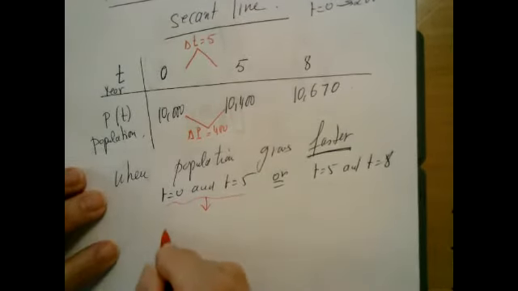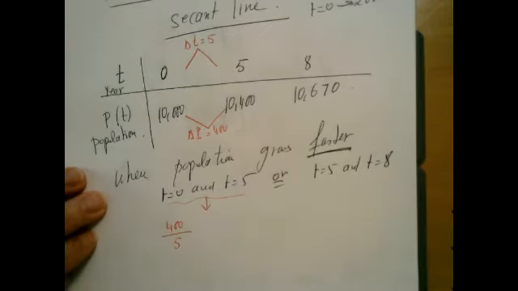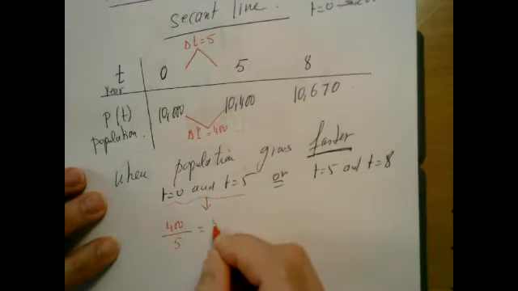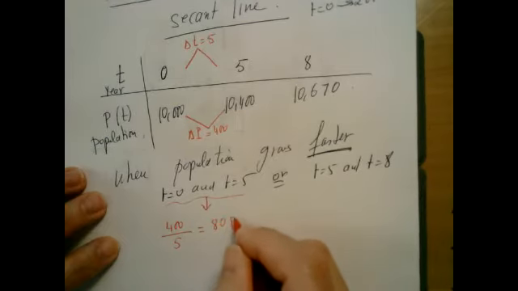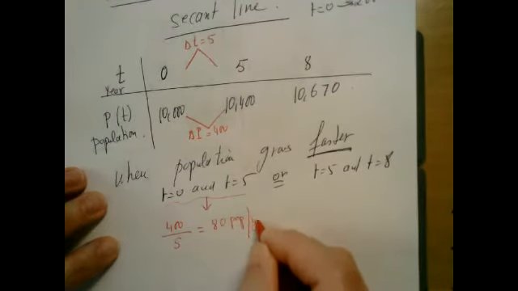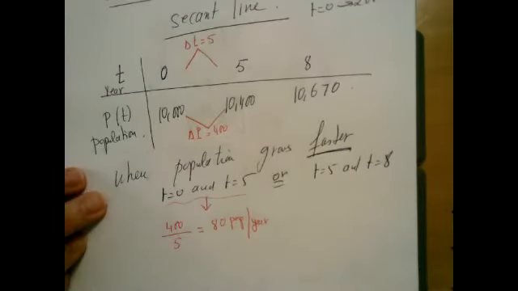The population grew by 400 over a period of 5 years. So the population was growing by how much per year? 400 divided by 5, it means the population was growing at the rate of 80 people per year.